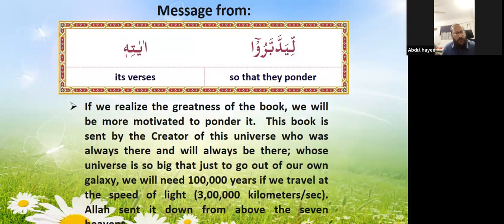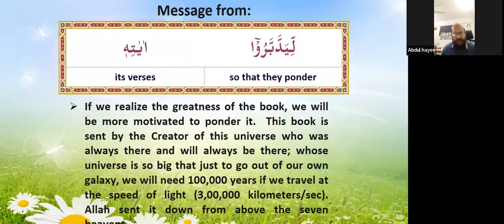If we want to go out of our galaxy, you need 100,000 years moving at 300,000 kilometers per second. That is the reason Allah said, look at the universe. Think over who is maintaining, who is running the solar system, who has created it. This will give you the impression.